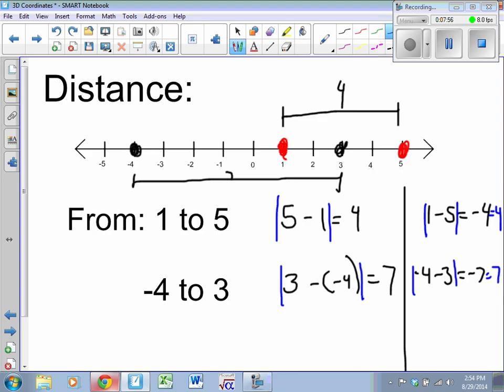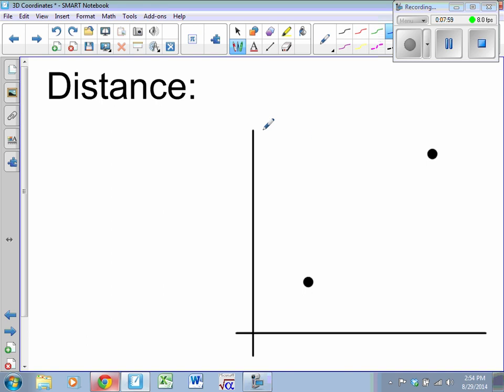That's in 1 dimension. Now, if we go to 2 dimensions, we want to find the distance between these 2 points, from point A to point B. There is a distance formula, and I want to show you real quick where it comes from, because once you understand where it comes from, you almost can get by without really thinking about it.